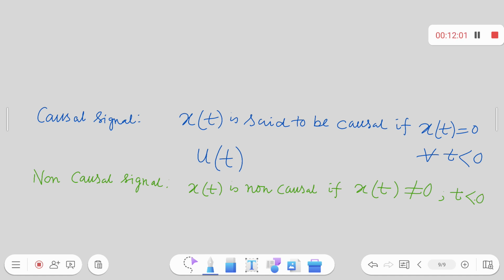If this first condition doesn't hold good, then we call the signal a non-causal signal.